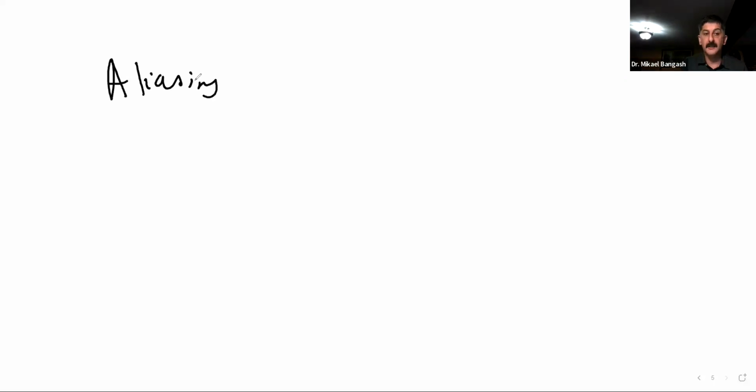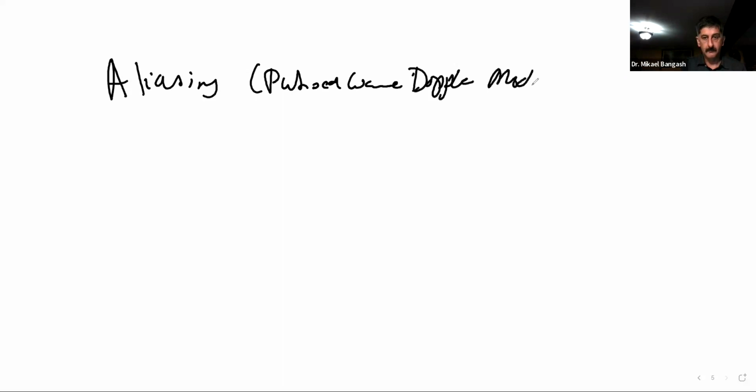But we can mainly say now, why and how is it that we get aliasing? A main reason for getting aliasing is, first of all, we only see this in pulsed wave Doppler mode. That was something that we talked about when we did our pulse wave Doppler.